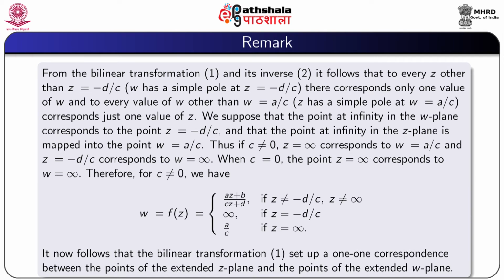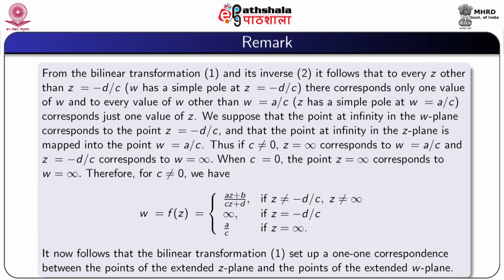So, remark: from the bilinear transformation 1 and its inverse 2, it follows that to every z other than z = minus d/c, where w has a simple pole, there corresponds only one value of w, and to every value of w other than w = a/c, where z has a simple pole, corresponds just one value of z.